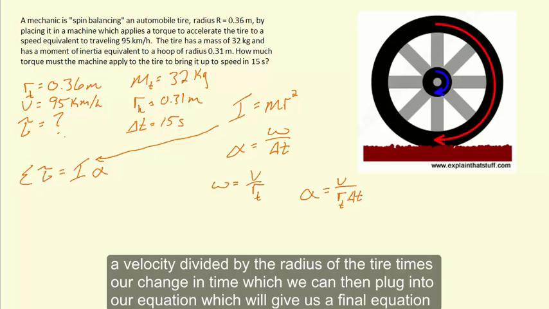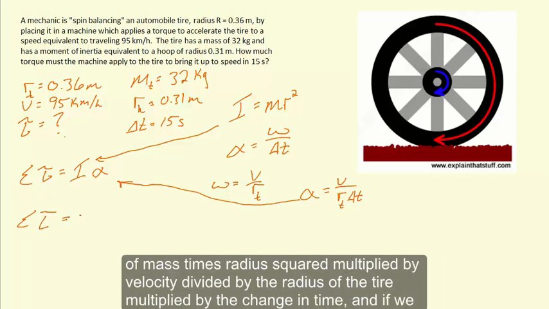times our change in time, which we can then plug into our equation, which will give us a final equation of mass times radius squared multiplied by velocity divided by the radius of the tire multiplied by the change in time.